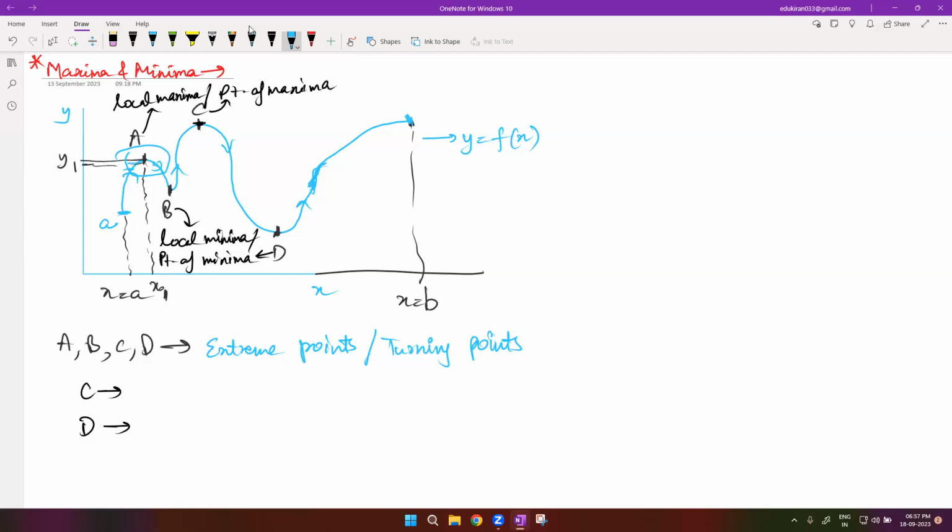For example, A and C are both local maxima because both give us the maximum value in their neighborhood. But C is called the absolute maximum, or absolute maximum value.